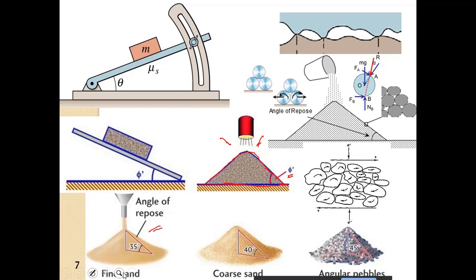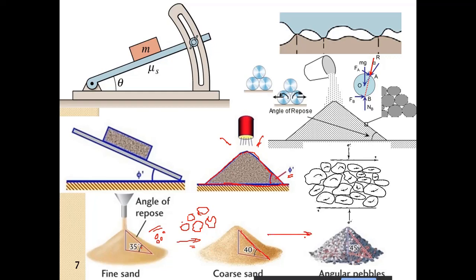Here you see fine sand, so the angle of repose is less. As we go to coarser material, with very fine rounded particles here and bigger, coarser material here, there is more interparticle friction and therefore a higher angle of repose.